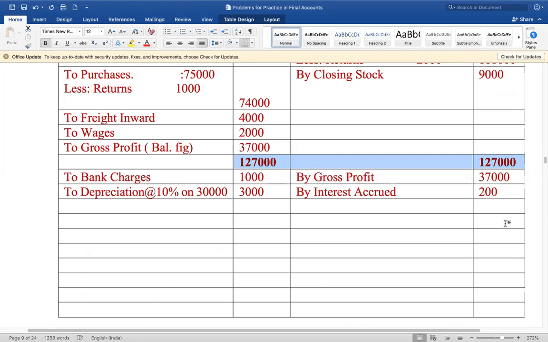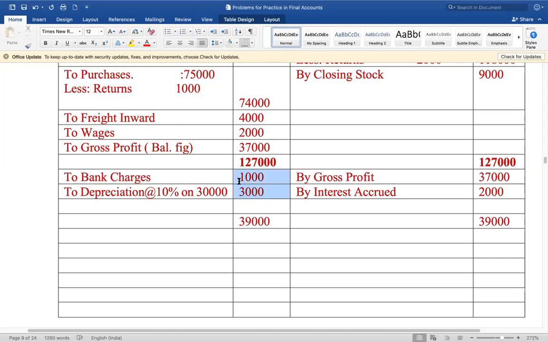Take the total: 37,000 plus 2,000 is 39,000.